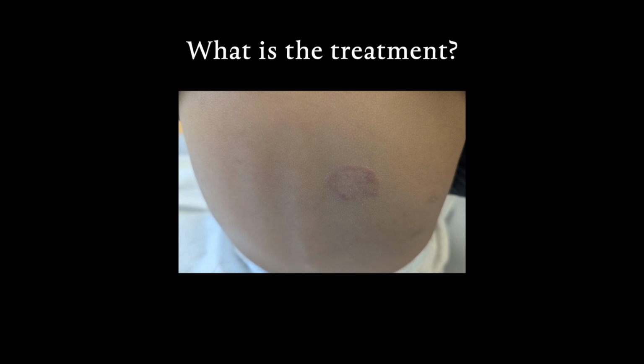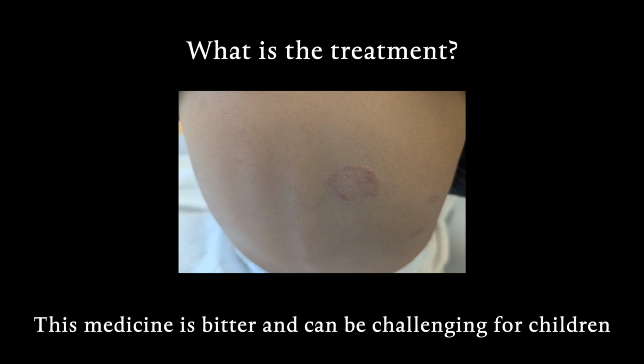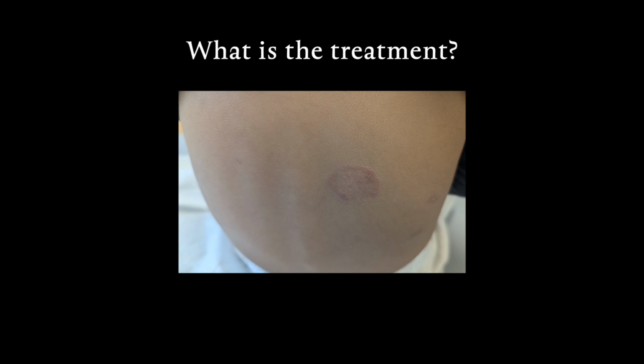Now, the downside for cruciformin, which is an oral antifungal medicine taken by mouth, is that sometimes it's very bitter, and kids don't like to take bitter medicine, and you take it for a long time, once a day for 30 days. So that could be very challenging for kids to take. So sometimes I end up using fluconazole, which is once every week for 5 weeks. All right, so that's treating ringworm of the body.